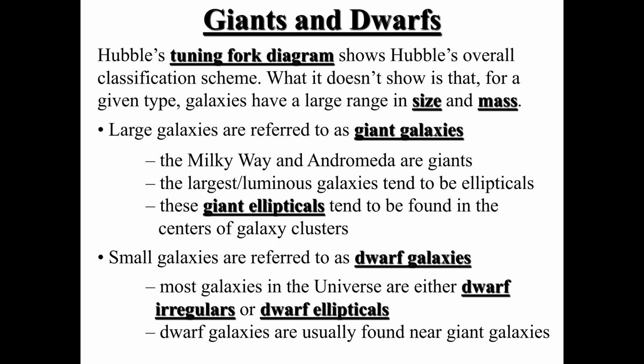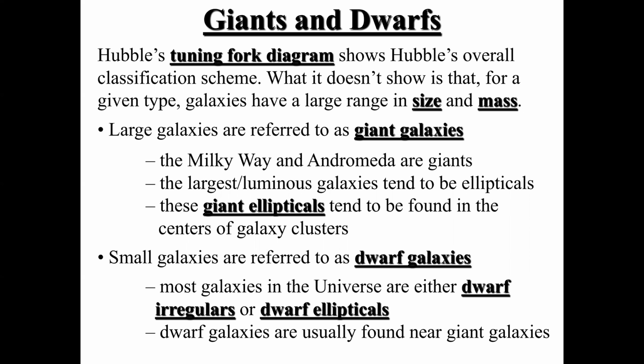So that's the classification of galaxies. And then I told you about this slide, that galaxies are also divided into two sections called giant galaxies and dwarf galaxies. This is mainly based on their size and mass. If a galaxy is smaller in size and smaller in mass, we call it a dwarf galaxy. And if you have larger galaxies like our own Milky Way, we call those giant galaxies.